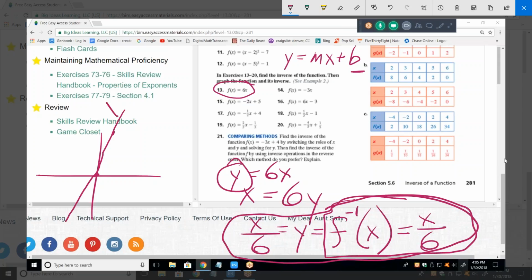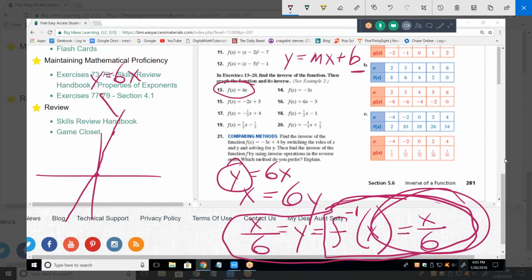So that's the slope of y equals 6x. Well, our inverse is y equals 1/6 x. So where does that go through? What's its y-intercept?